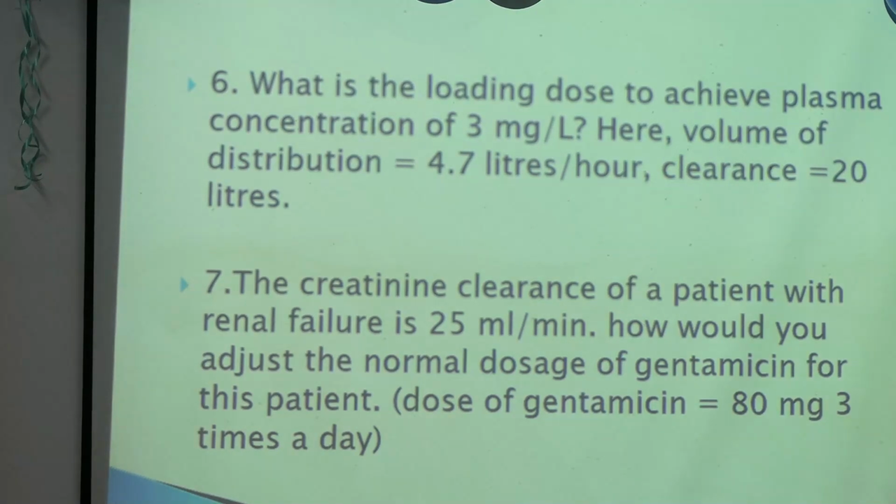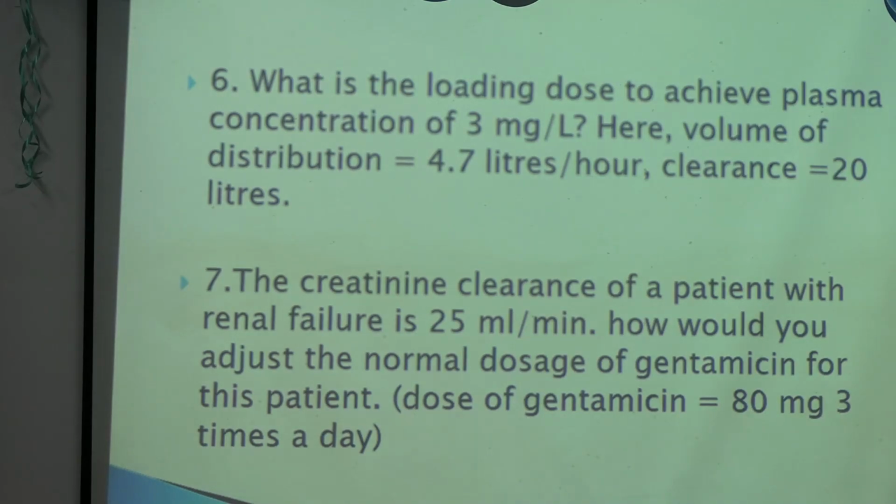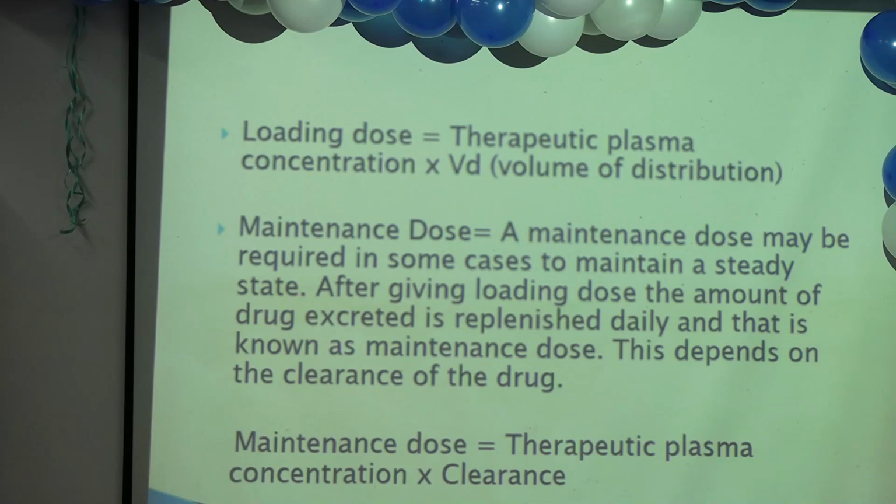Problem number 6. It is saying what is the loading dose to achieve a plasma concentration of 3 milligram per liter, where the volume of distribution is 4.7 liters and clearance is 20 liters per hour. How will you calculate the loading dose? What is the formula for loading dose? Therapeutic plasma concentration multiplied by volume of distribution.